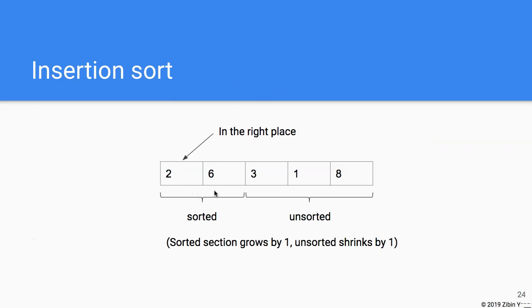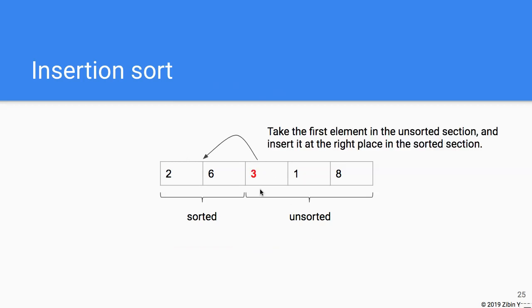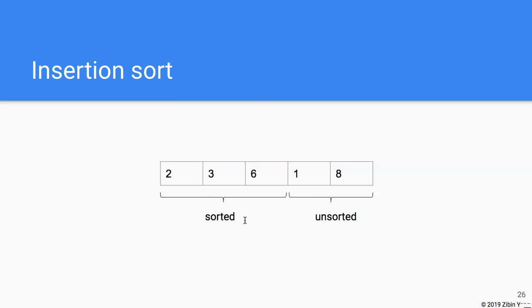And then once that is done, the sorted part grows by 1 element, and the unsorted part shrinks by 1 element. So we repeat the process. We take the first element from the unsorted part, and then again we insert it into the sorted part. 3 goes between 2 and 6, and that's what we end up with.